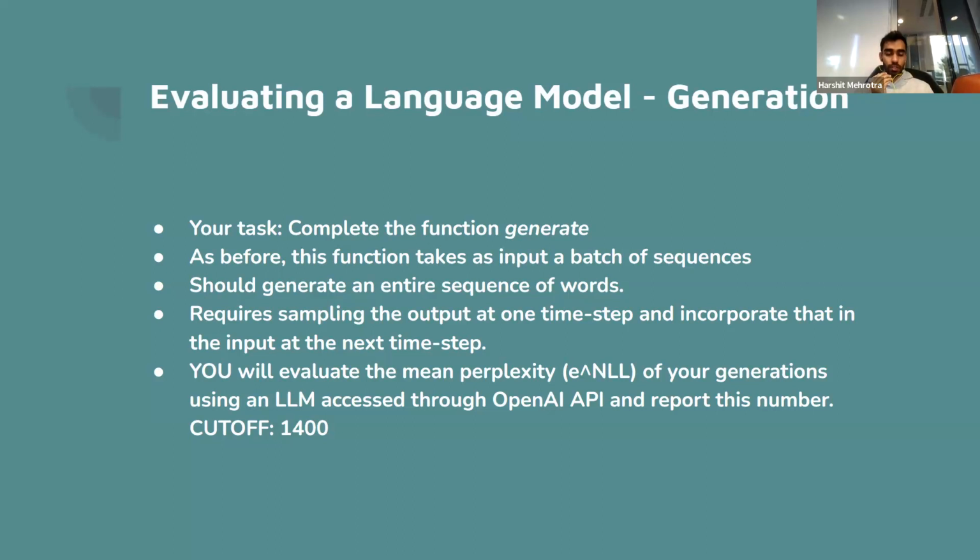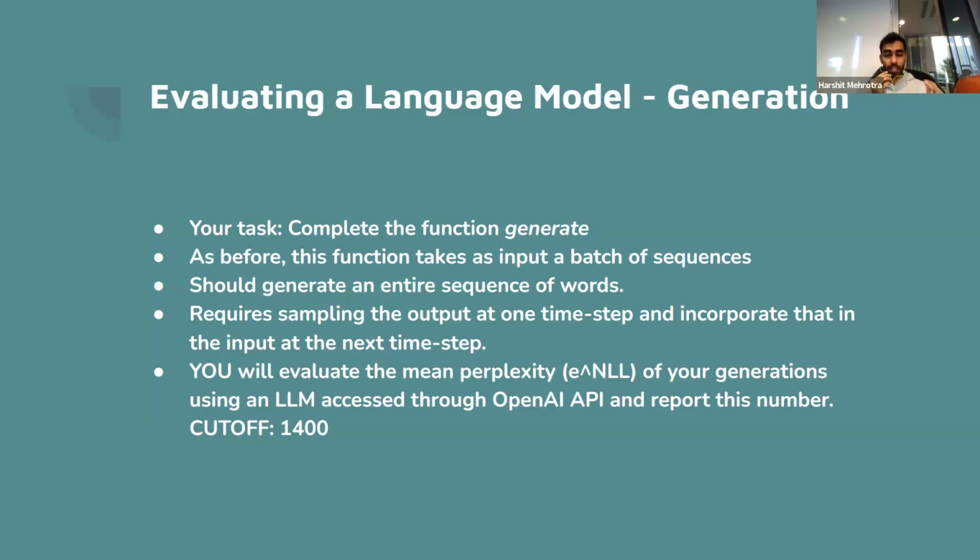To clear the cutoff for generation, you have to get a perplexity of less than 1400. This should be fairly easy to achieve if you've cleared the prediction task. The prediction task is more difficult than the generation task, to be honest. But the prediction task is evaluated inside Autolab, whereas the generation task you will be evaluating yourself.